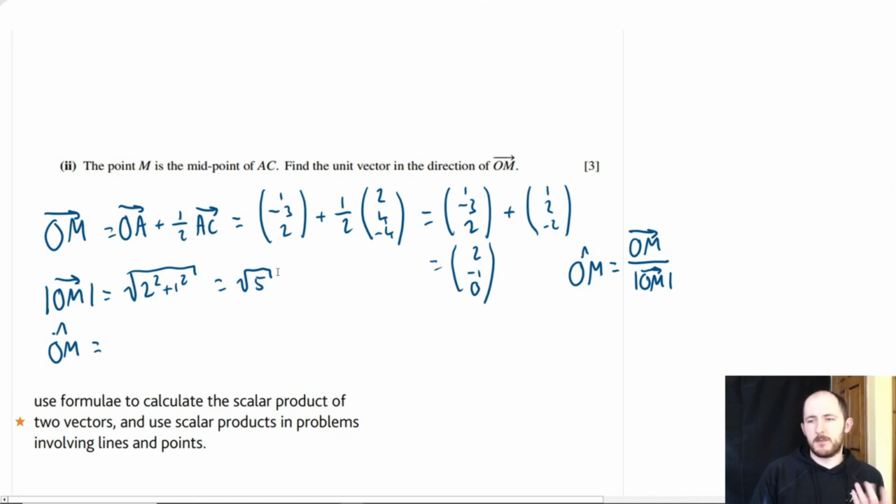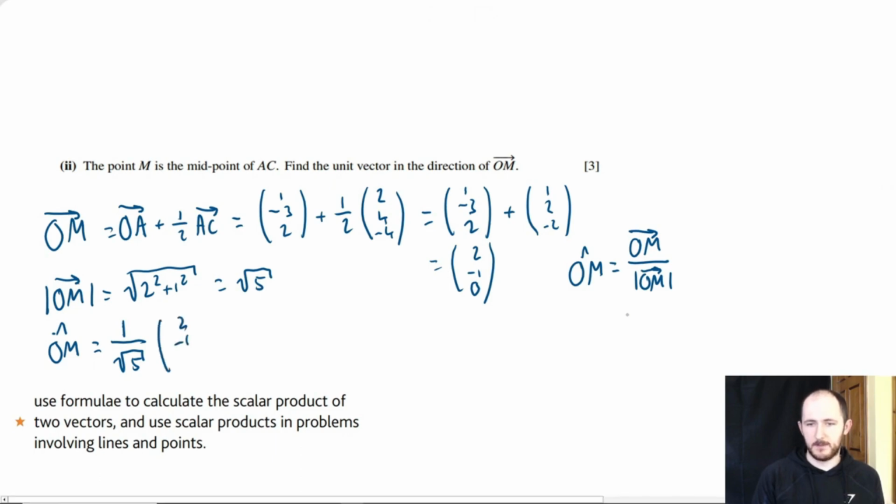So for example, if this number was, let's say, 2, then I would do the actual division. So 2 divided by 2 would be 1, minus a half, 0. But when you get a square root, which you normally will, because normally you can't square root numbers and get integers, I would write it like this. So 1 over square root 5, which gives us the divided by OM bit, and then times the exact normal vector again.